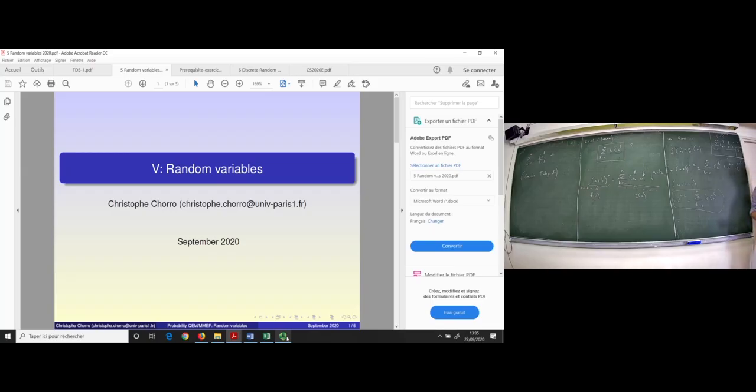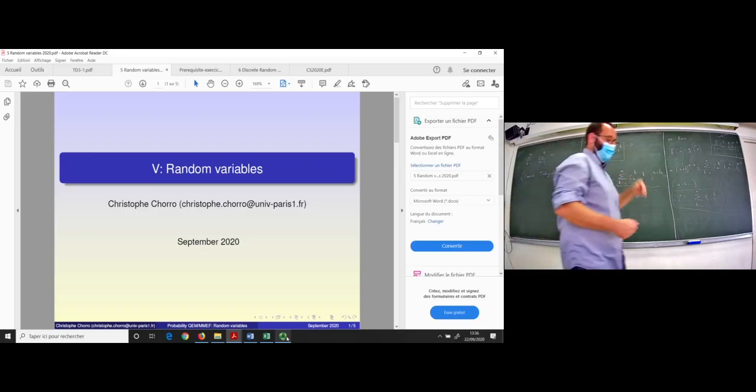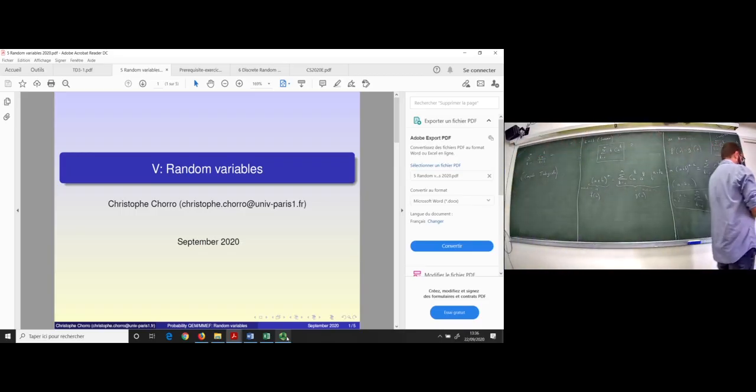It's a mapping depending on the outcomes of a random experiment. So this is an intuitive definition. We are going to see an example of what I mean by this intuitive definition, and then we are going to see a definition that is a little bit more robust. Okay?